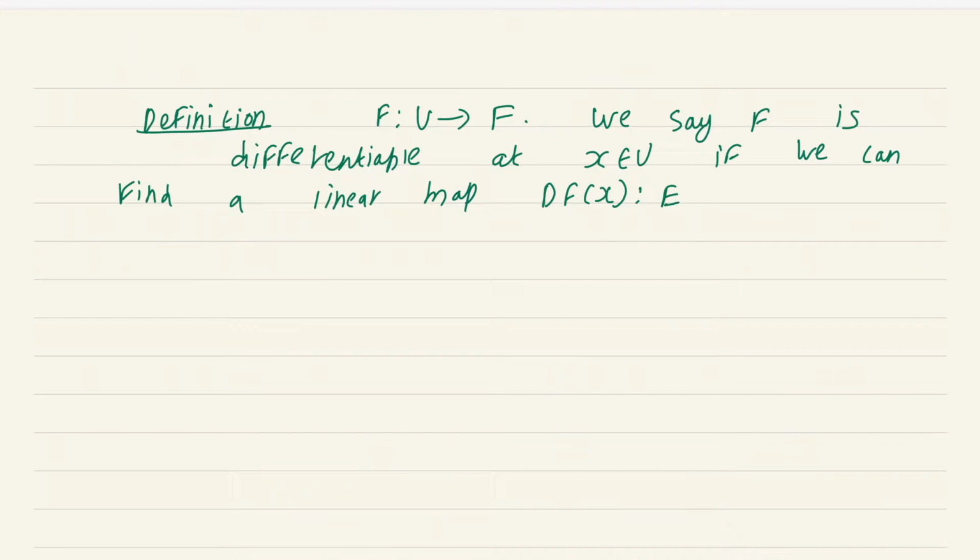This is a linear map from E to F such that you can approximate f in a nice way using this linear map.